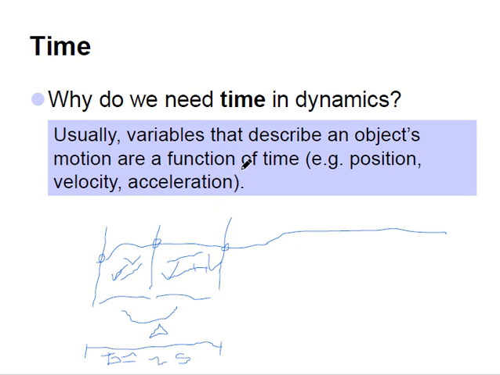If you put it in a formal definition, they're variables that describe an object's motion as a function of time. Function means we're just looking at these activities over time. Position, velocity. When it moves, it has to move with a speed. Do they move gracefully, or do they bounce up and down?